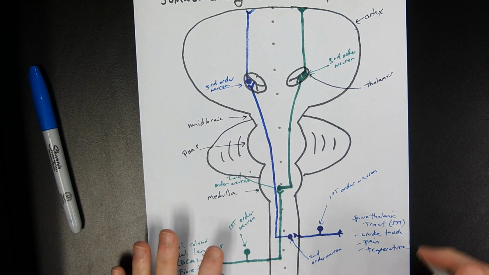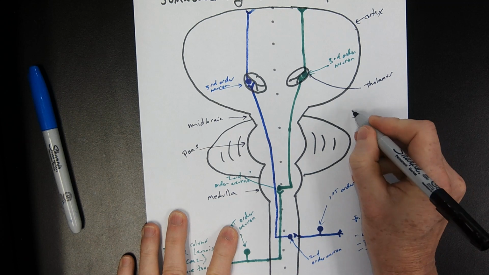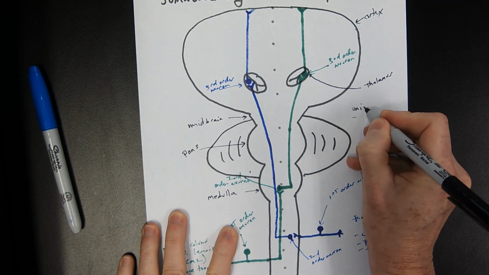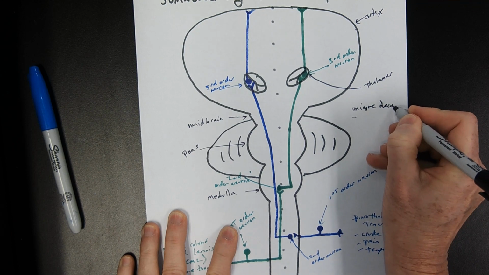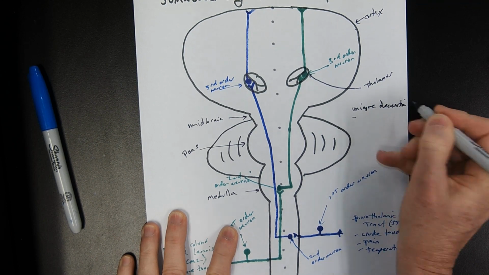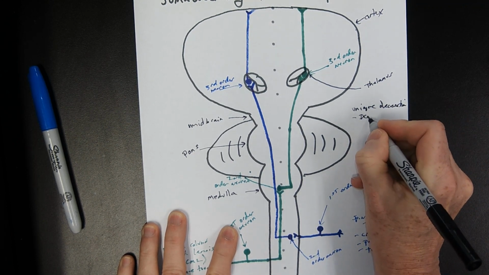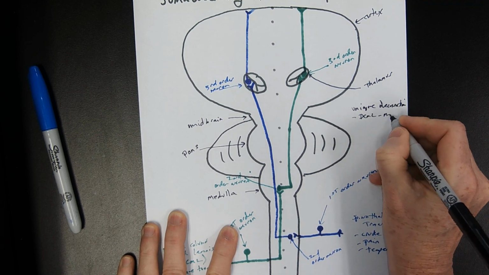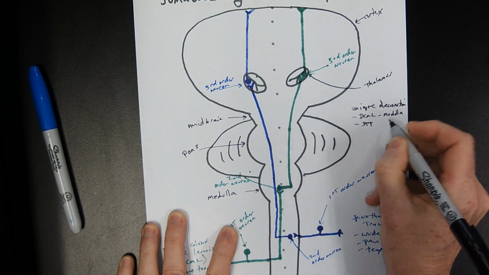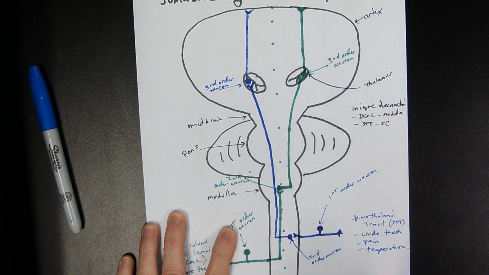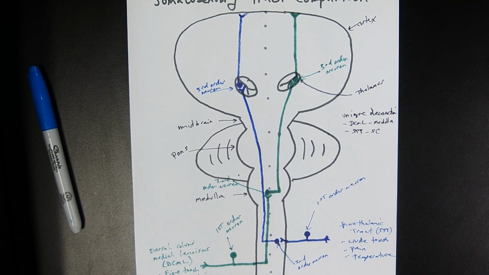So we have a unique decussation. Okay, so DCML decussates in the medulla, and then the spinothalamic tract decussates in the spinal cord. SC for spinal cord. Good.